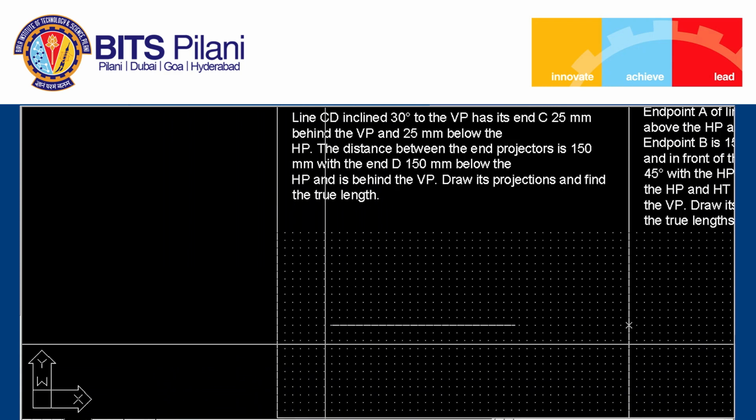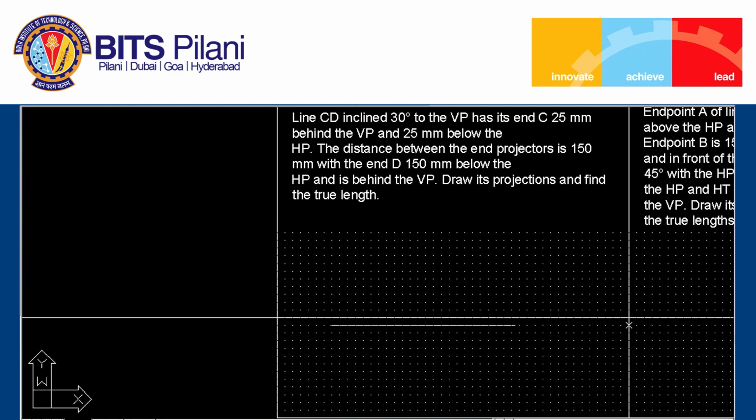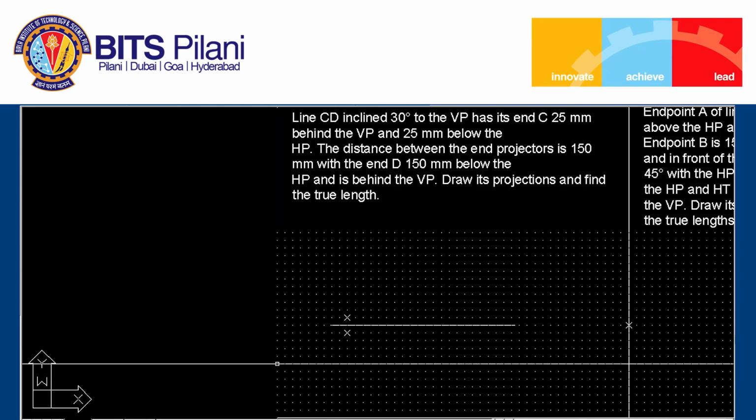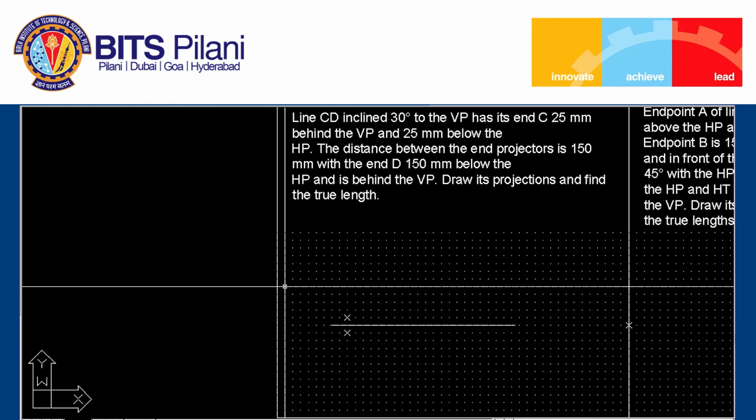Then we will mark the point C, which is 25 millimeter behind VP and 25 millimeter below HP. So we know the description of point in the third quadrant. Top view it will appear above the XY line, front view will appear below the XY line. So we have specified top view and front view of the point. We can name it.